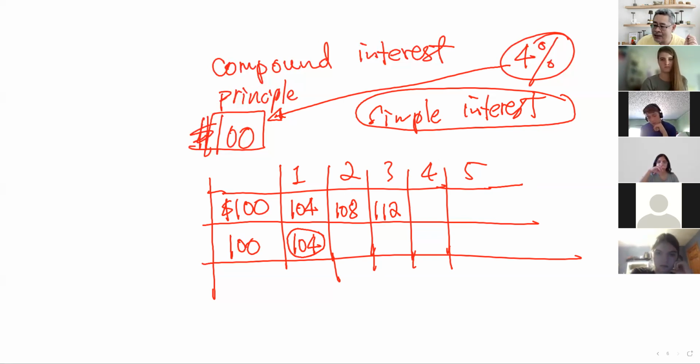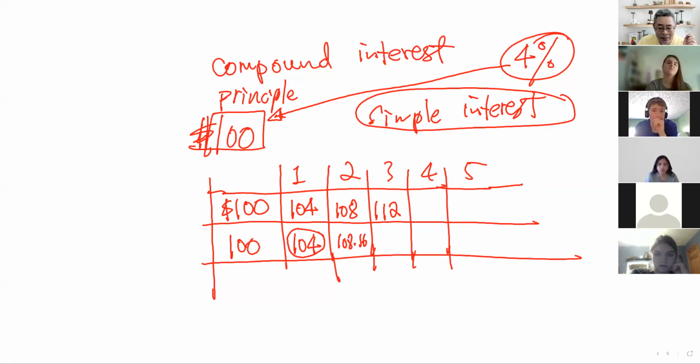In this case, it's 104 times 0.04, and that gave us $4.16. Then we add 104, so it is 108.16. That's no big deal.